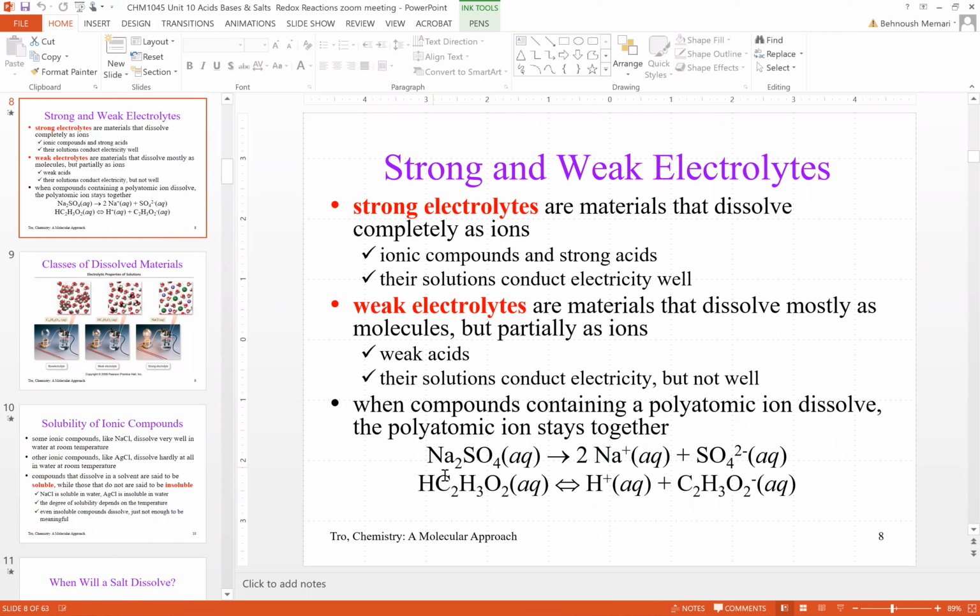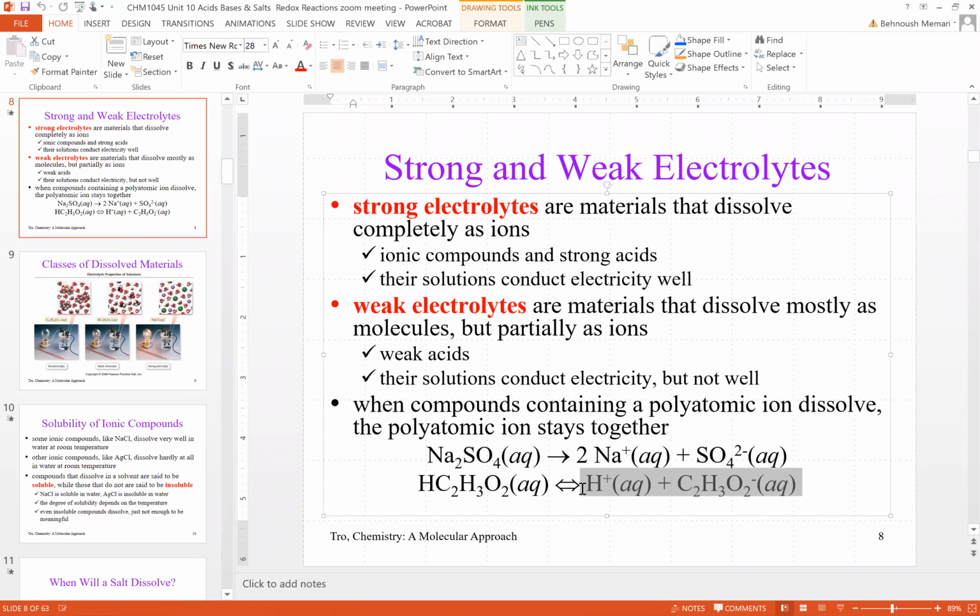And if you look at the equation, you see this double arrow. A double arrow means that the reaction is reversible and is not 100% dissociation. When an ionic compound dissolves and you see a single arrow, that means 100% dissociation. A double arrow means that it's reversible or partial dissociation, and partial dissociation indicates weak electrolyte.